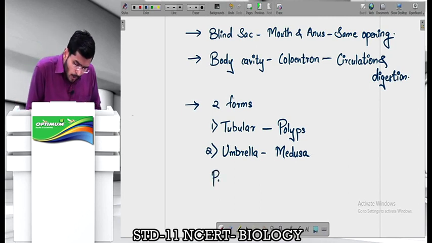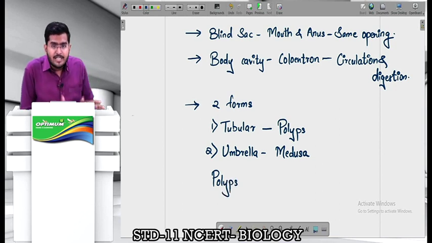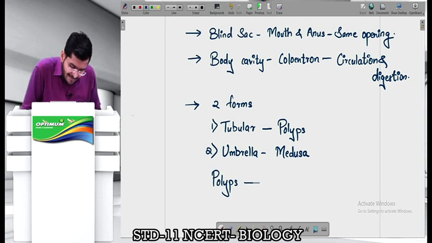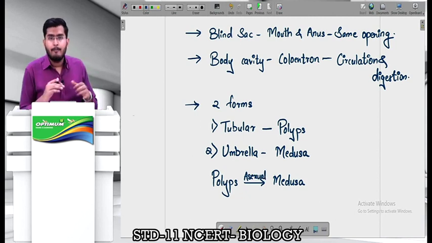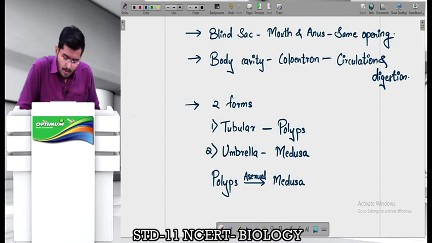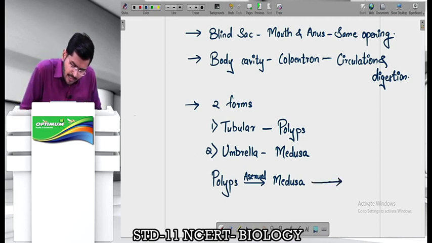Let me tell you that polyp is the juvenile stage, the childhood stage. When they are young they are going to be in the tubular form, which we call polyps, and as they grow into adults they get converted into medusa. Let me tell you that polyps to medusa can also be seen as an asexual mode of reproduction. That is, when polyps reproduce asexually they give medusa form, and when medusa reproduce sexually they are going to give rise to polyps.